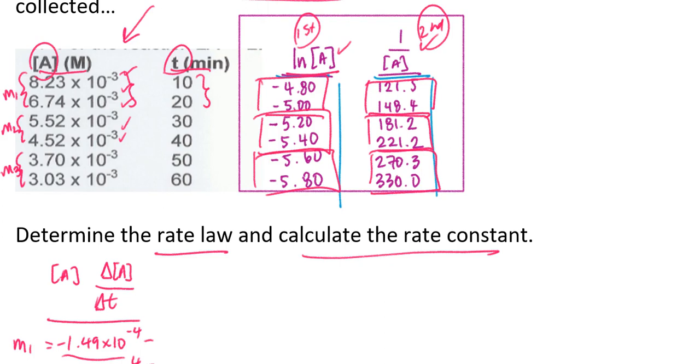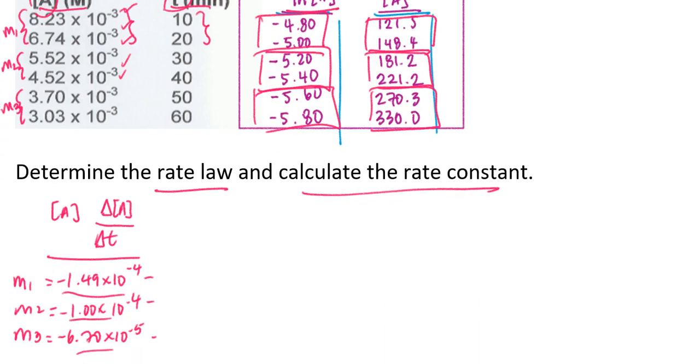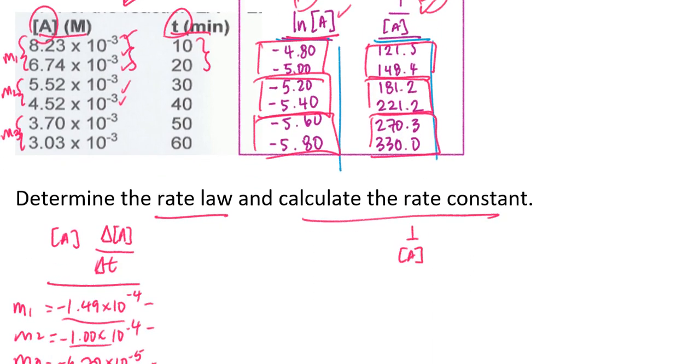I'm going to pair up all of these values, and for the second order case, the reciprocal of the concentration, I'm going to calculate the change in 1 over A versus time. That means I subtract these two numbers and divide by this same time interval.